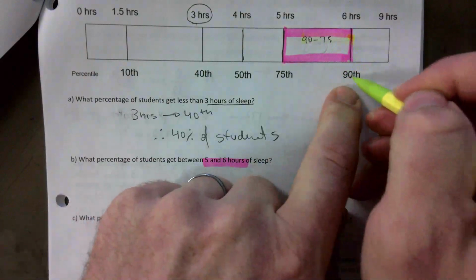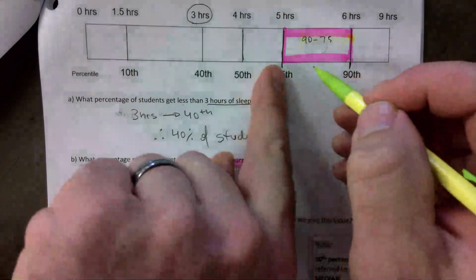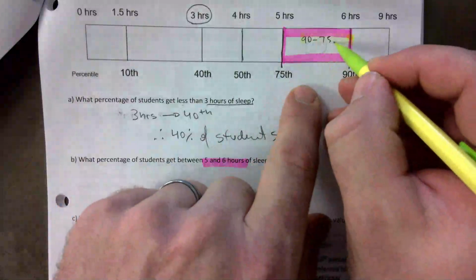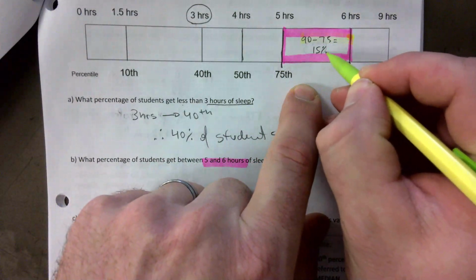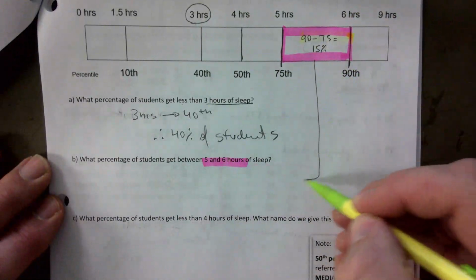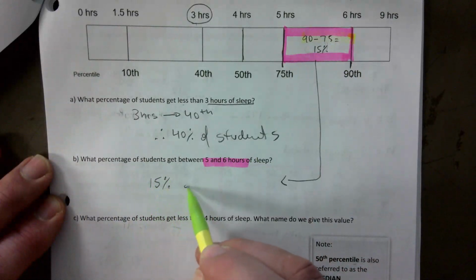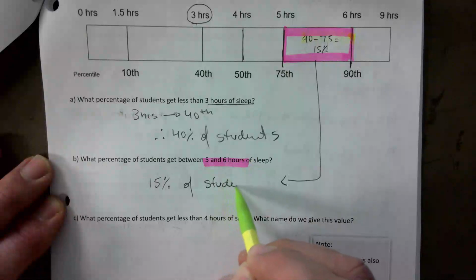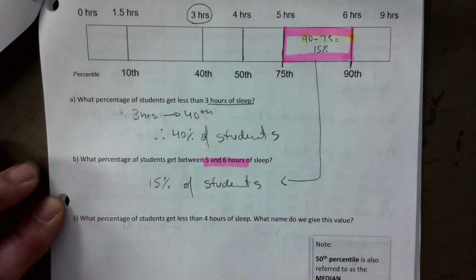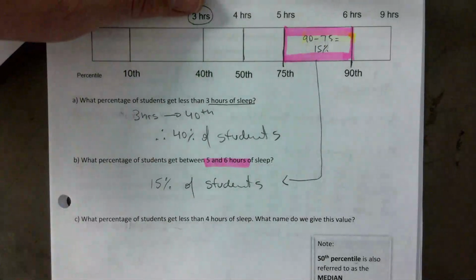So you take away the 90, that goes on this edge. Take away the 75, right? All of these ones here, and you're left with 15%. So you can now answer this question, 15% of students. Okay, so that's the beauty of a chart like this, is that you can do in between as well.